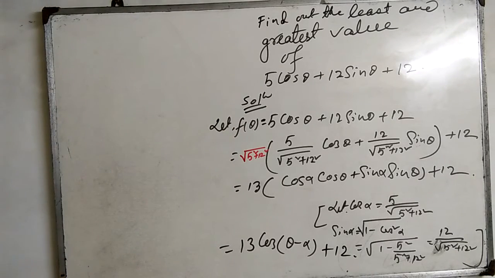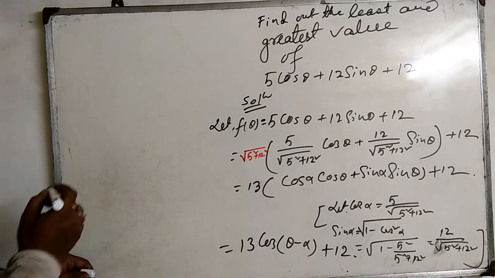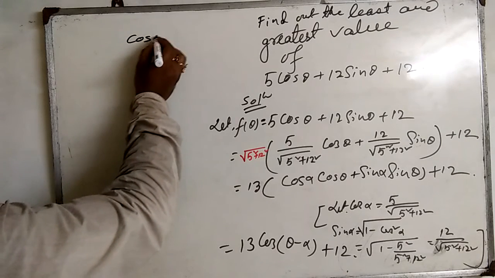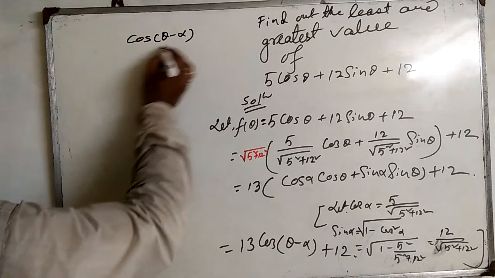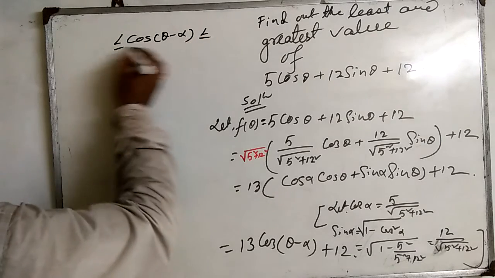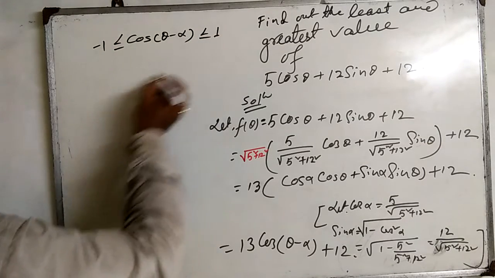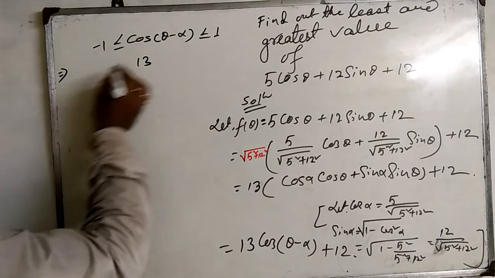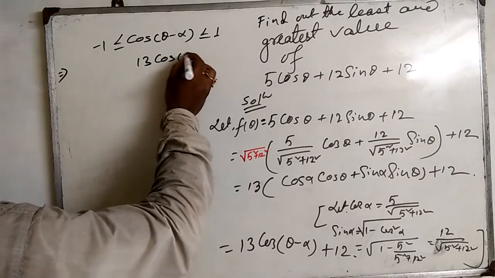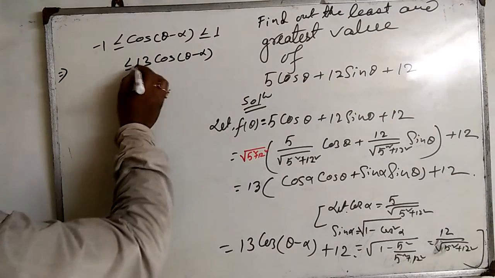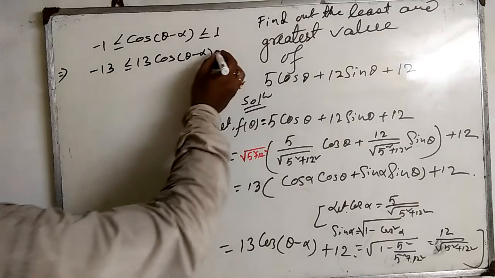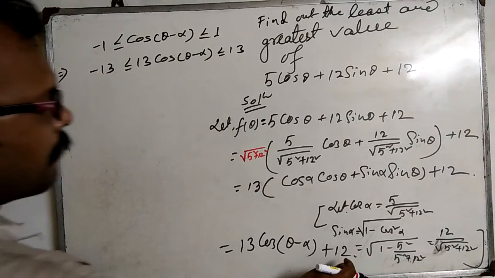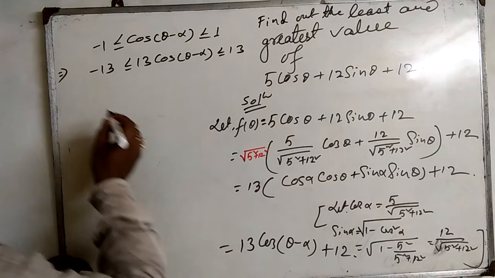Now see, the most important conceptual portion is that cos of theta minus alpha is lying between -1 to 1. So 13 into cos of theta minus alpha is lying between -13 to 13. And here we have only the plus 12.